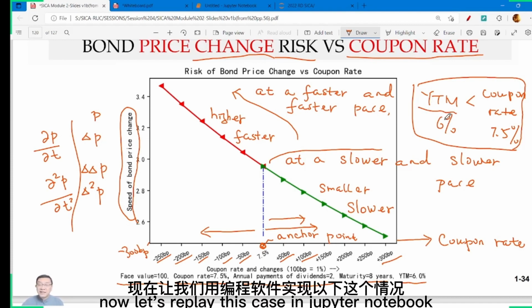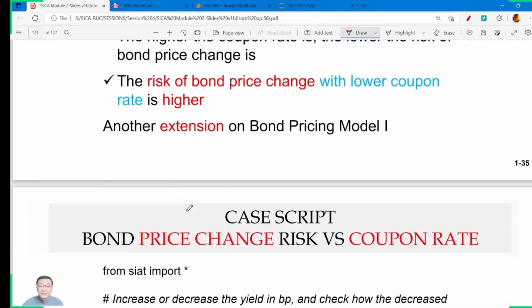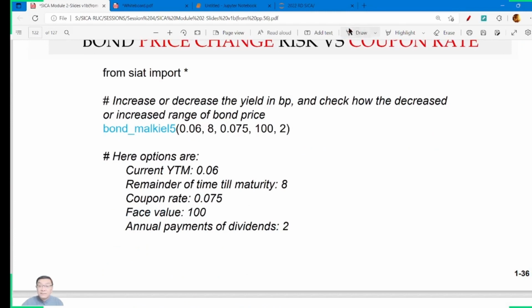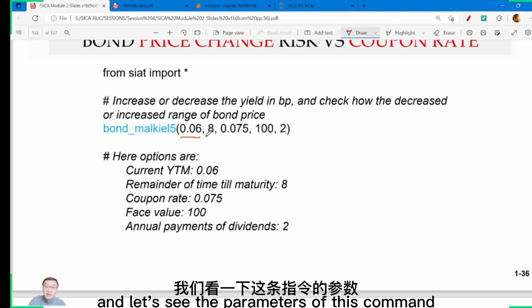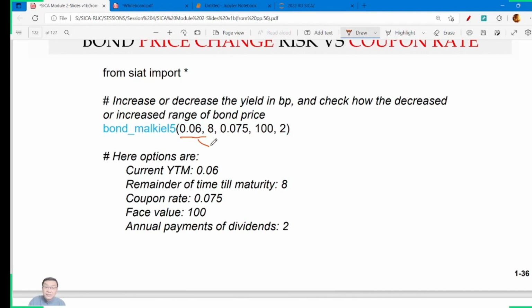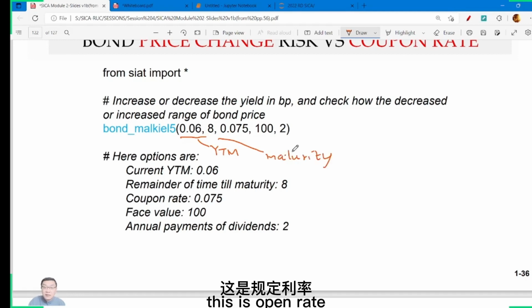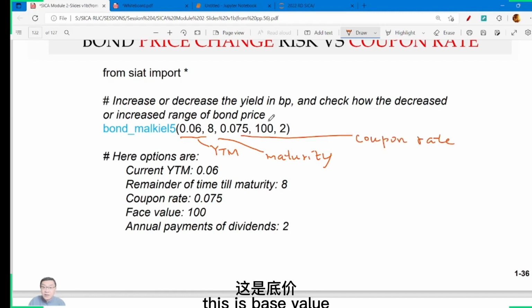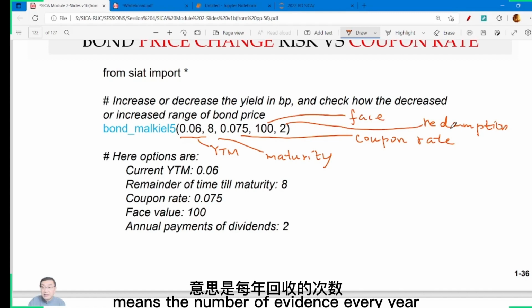Now let's replay this case in Jupyter Notebook. Let's copy the command first and see its parameters. This is YTM, this is maturity, this is coupon rate, this is face value, and this is redemption, meaning the number of dividends every year.